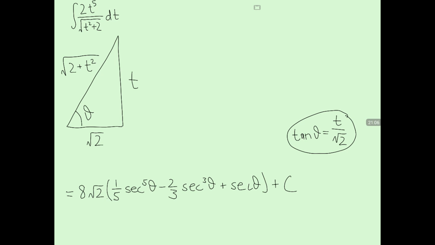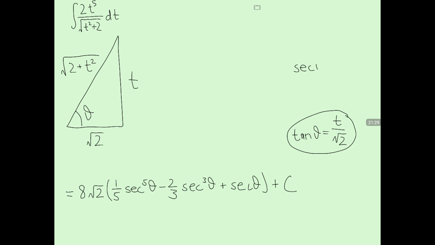Now we have our integrals in terms of secant theta. Well, what's secant? Secant is 1 over cosine. So cosine in SOHCAHTOA is adjacent over hypotenuse. So the secant would be the hypotenuse over the adjacent. So let's just write that down.